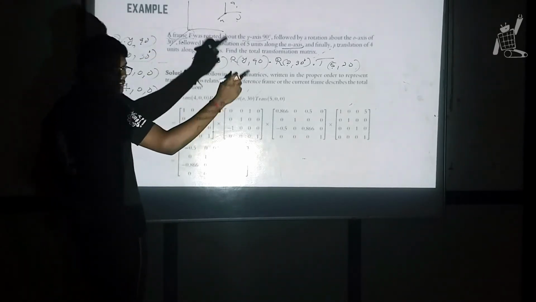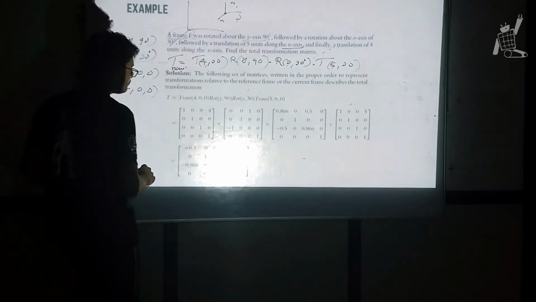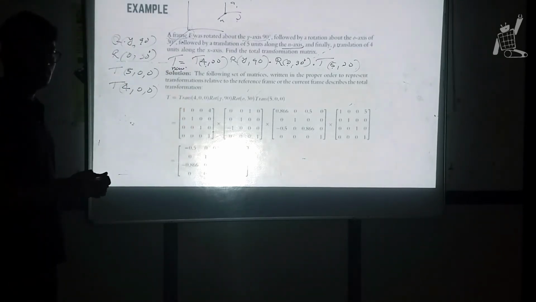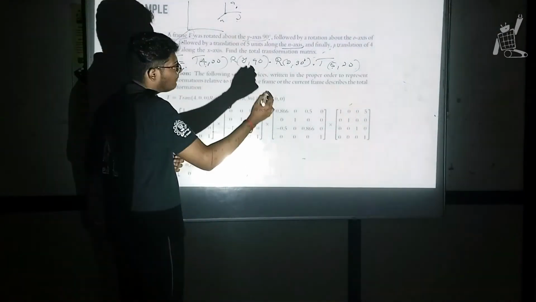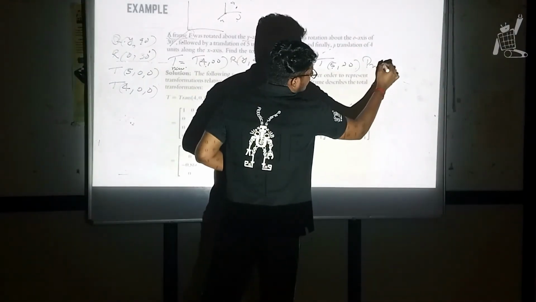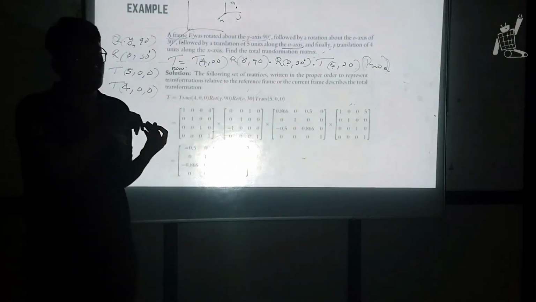Multiplying all these matrices, you will get a new transformation. And if any point is attached with respect to the FNOI frame, multiplying it with that transformation gives a new point with respect to the x y z frame.